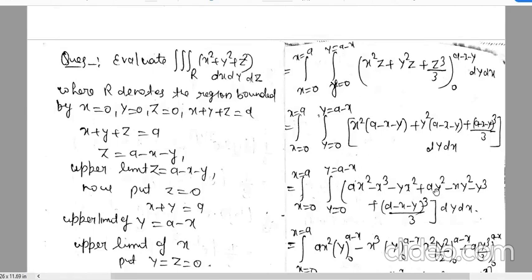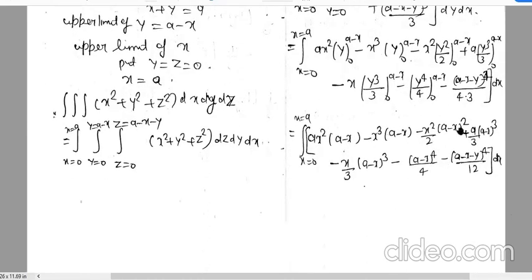Now apply the limit here. So after applying the limits, you can see this step, just x square multiply inside the bracket, y square multiply inside the bracket, and this step same as it is. Just solve this equation, and integration is going with respect to y. So here a x square dy, so x cube y, x square y square upon 2, this and this one.